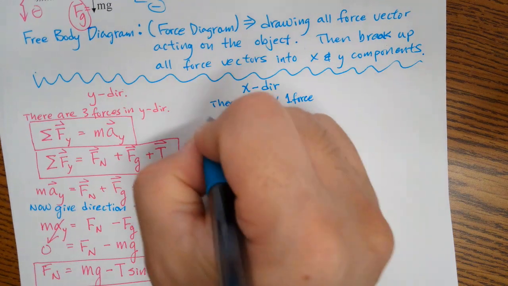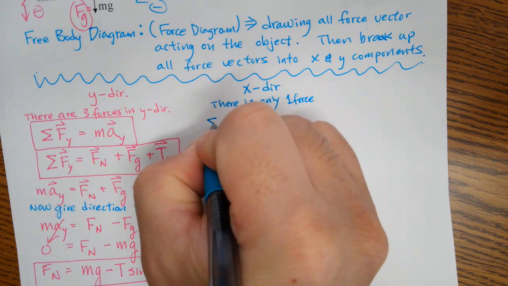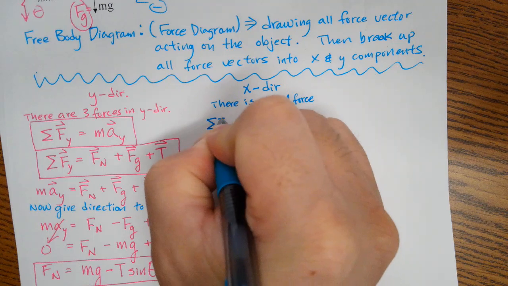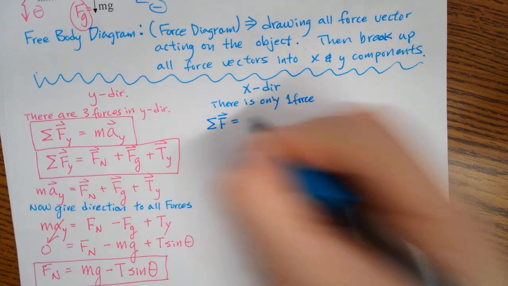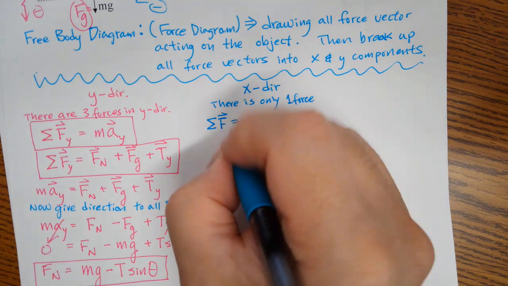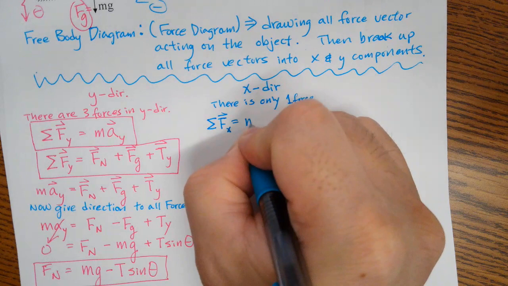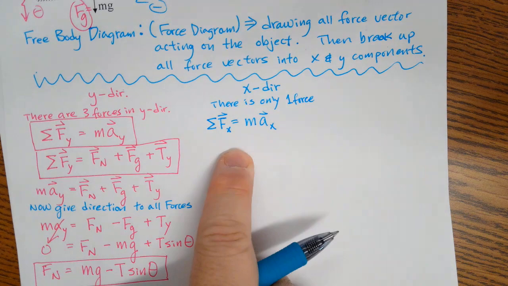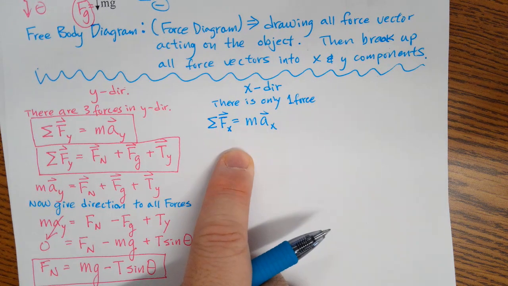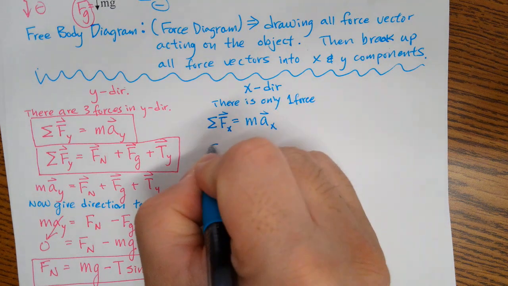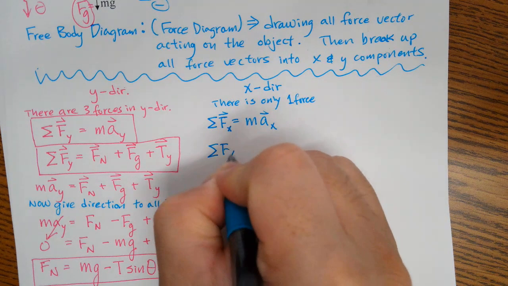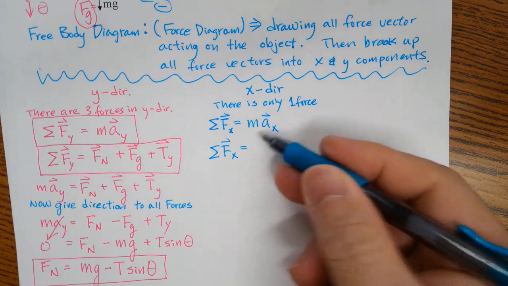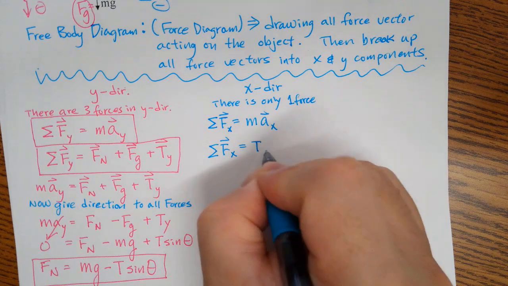So here, again, I start out with the sum of all forces, or the net force in the x direction, is equal to max, Newton's second law. And then I add up all the forces in the x direction. In this case, we only have one, and that is just Tx.